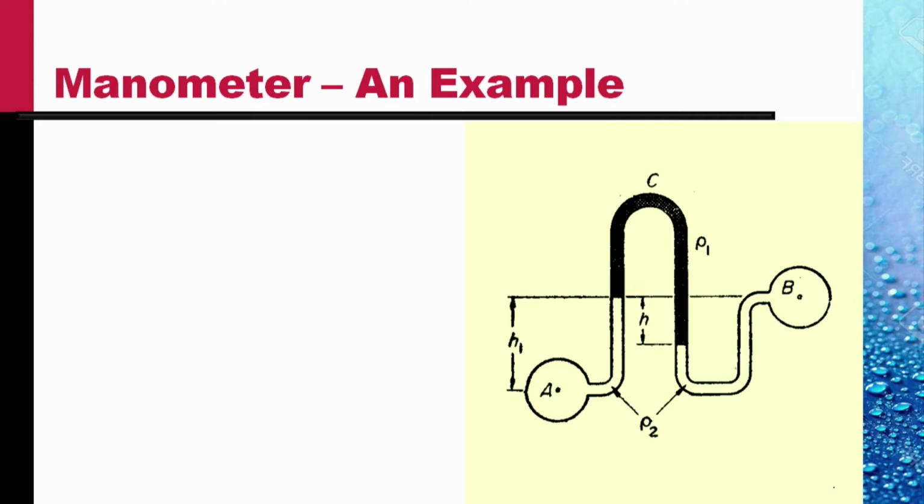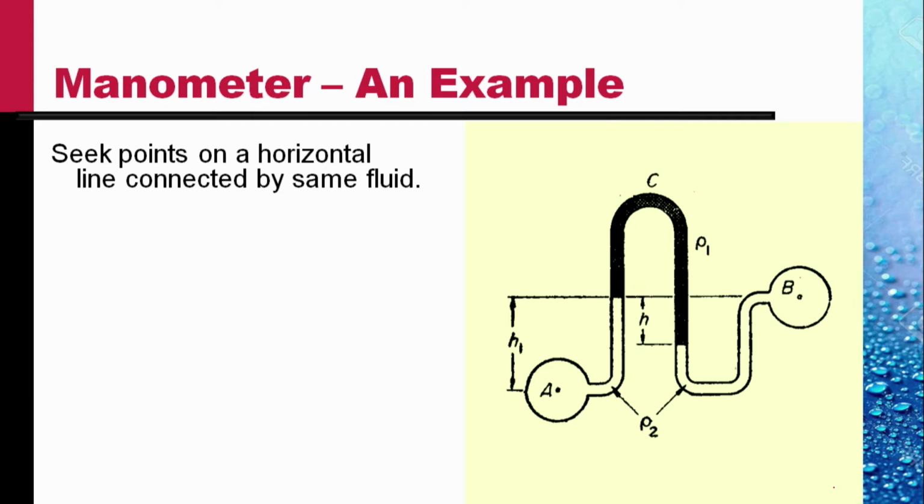Clearly, we can calculate the pressure difference PA minus PB through a process similar to what we did last time. We seek points on the same horizontal level connected by the same fluid. Points 1 and 2 are two points at the same level connected by the same fluid, so the pressure at 1 must be equal to the pressure at 2.